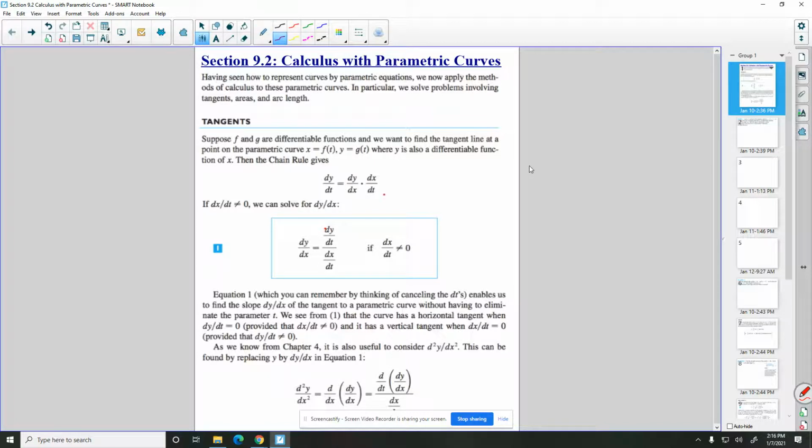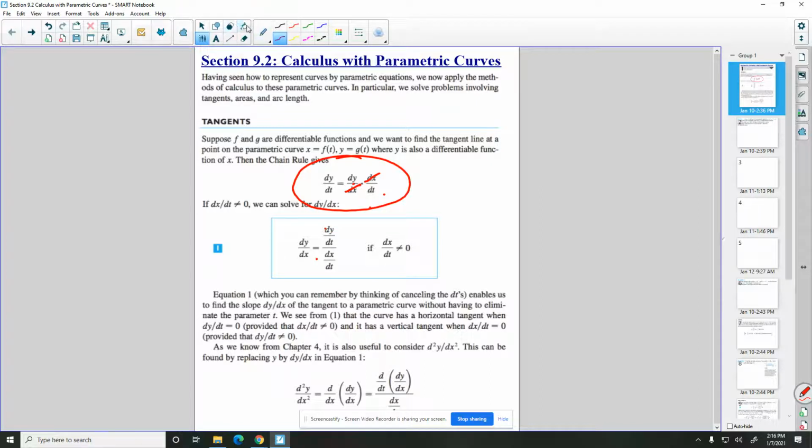So we're going to look at this equation right here. It says that dy/dt is equal to dy/dx times dx/dt. Why is that true? If you think about units, the dx on top and the dx on the bottom would cancel, giving you dy/dt.